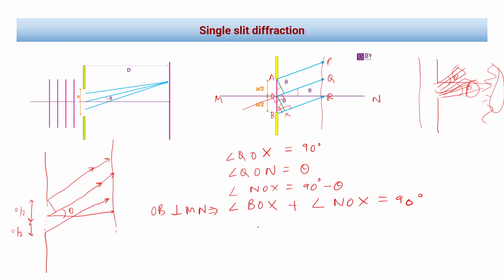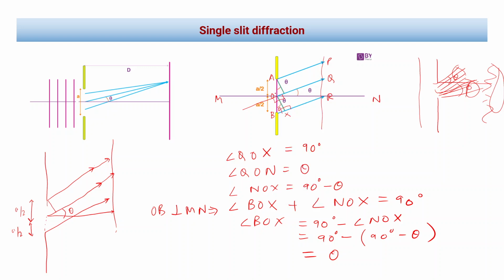NOX is 90 degrees minus theta, which means angle BOX will be 90 degrees minus angle NOX. And what is angle NOX? It is 90 degrees minus theta. So the 90 will cancel and we will be left with theta. That means this angle is theta, and this angle which is parallel to it will also be theta.